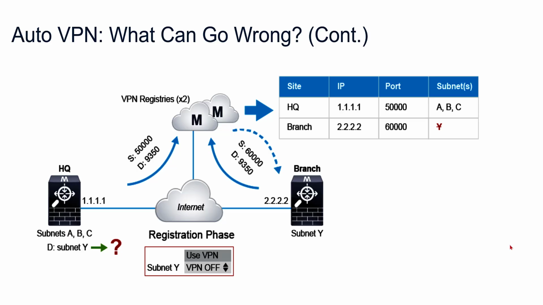All right, so everything in the dashboard looks good. It's all green. The VPN status shows connected, but the user says, hey, I can't reach anything. All right, and that's because the routing is incomplete. AutoVPN relies on explicit subnet participation. Each subnet has to be enabled for the VPN and advertised.